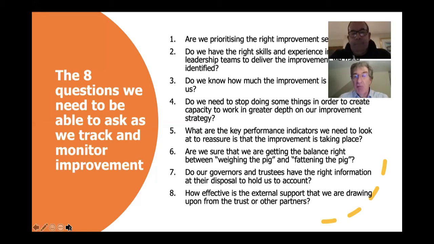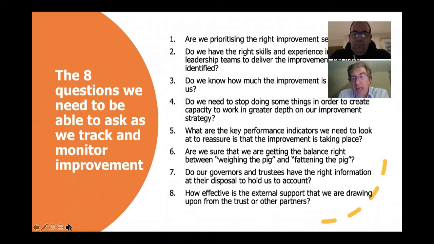Do you have the right people with the capabilities, or do you have great people doing one job, but you need to change their job to make them have a closer relationship with the improvement priority that you've identified? Have you thought about how much the improvement will cost? The fourth one talks about the order and the sequencing that you need to go about the improvement strategy. A bit like I was saying about behavior a moment ago.